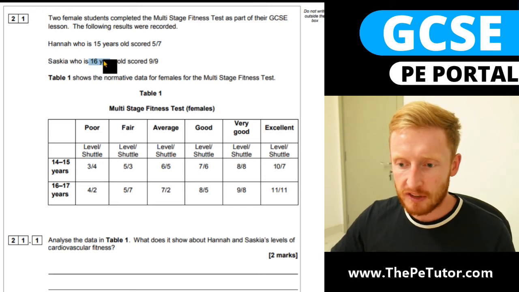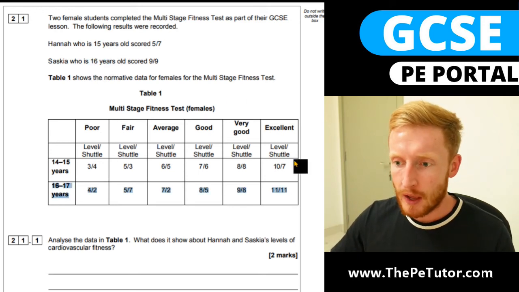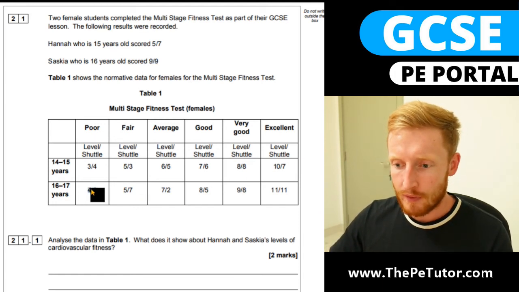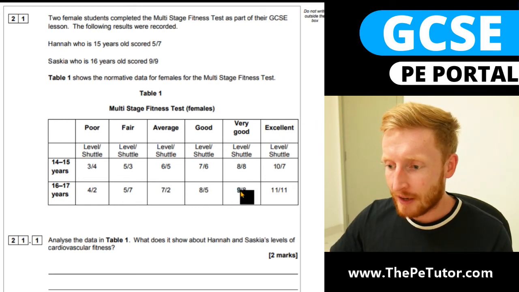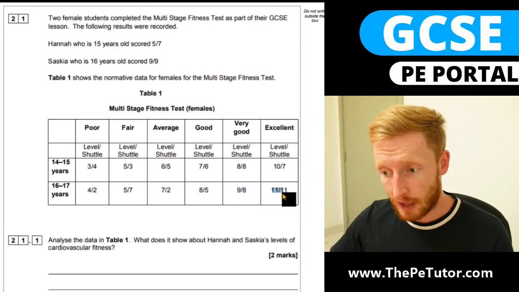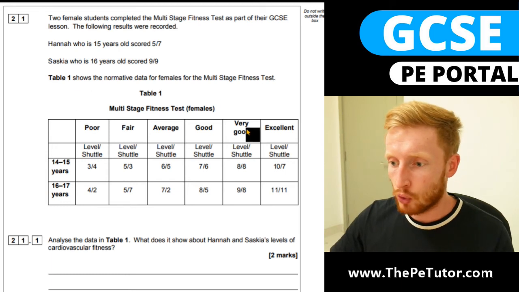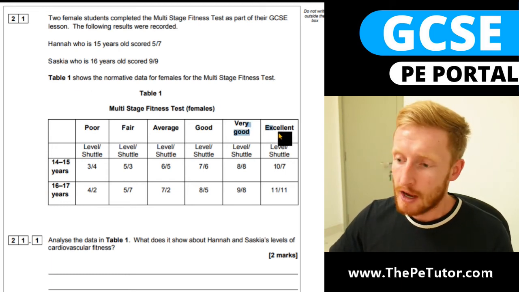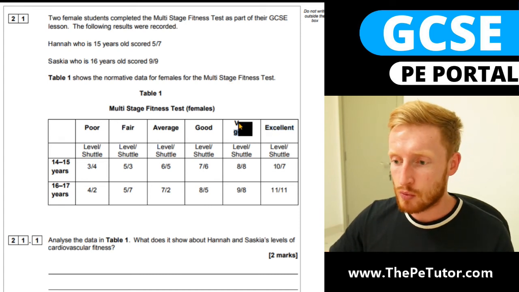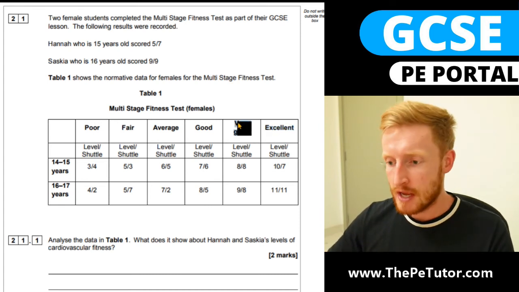Saskia is 16 years old, so we're looking at this second row, and Saskia scored 9, and then the 9th shuttle within level 9. The 9th shuttle is greater than the 8th shuttle, not good enough to get into level 11, so Saskia scored somewhere between very good and excellent. Because they didn't score in the excellent category, we go back to the previous one, which gives us the answer of very good.